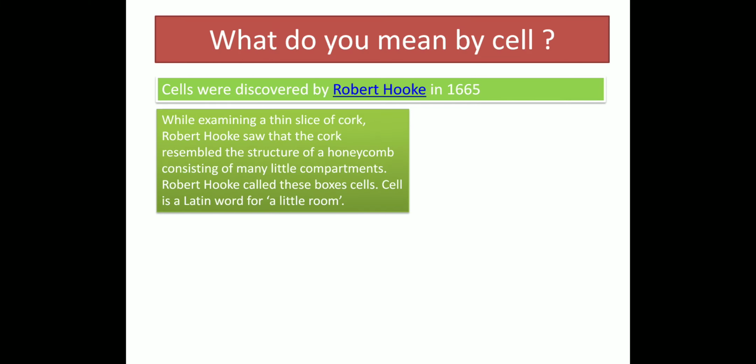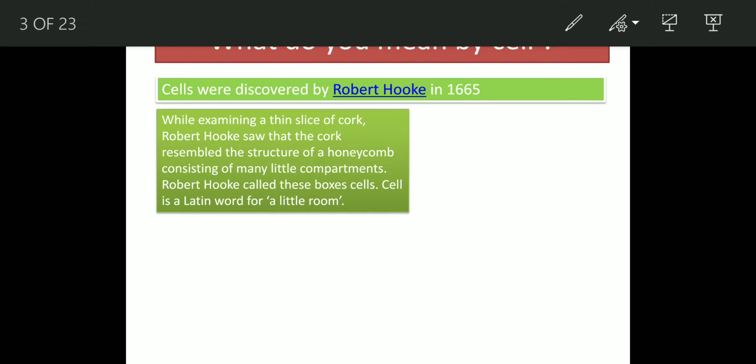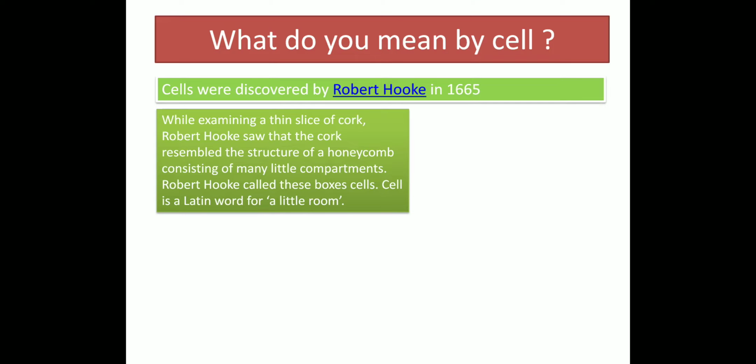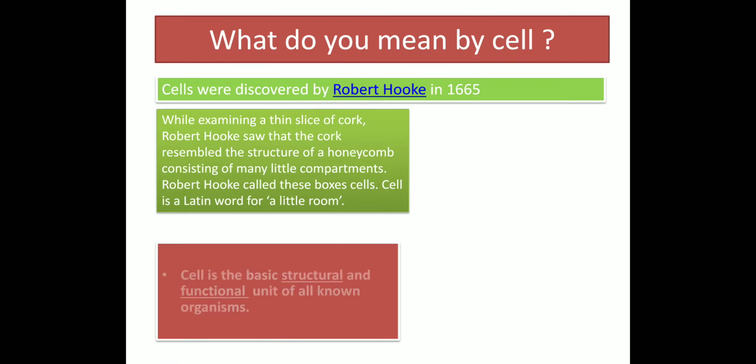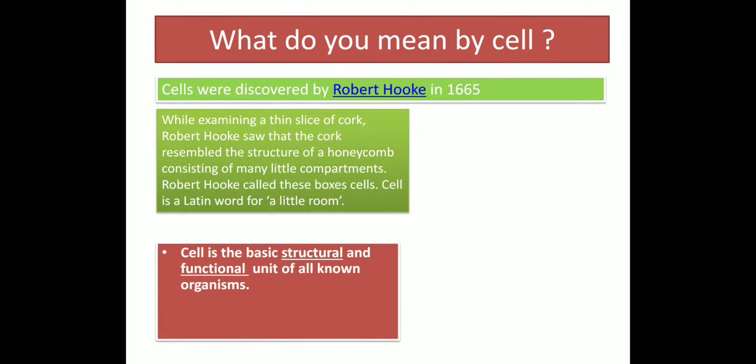Okay, what is a cell? As we all know, it's the chapter on the fundamental unit of life. So the cell is the basic structural and functional unit of all organisms. It is also referred to as the building block of life. One question is why it is called the structural and functional unit of organisms.